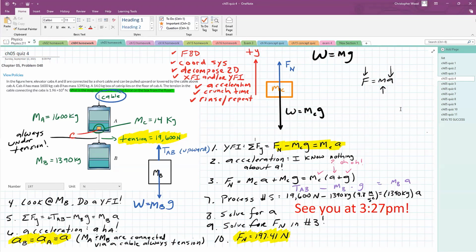Yeah. That right there is the mass of C. That box of catnip is your mass of C. Oh, okay. So whatever that is, you take that and multiply it in step 3 by the acceleration that you got, and then G, which is 9.8. Got it. Thank you. I appreciate it, man.